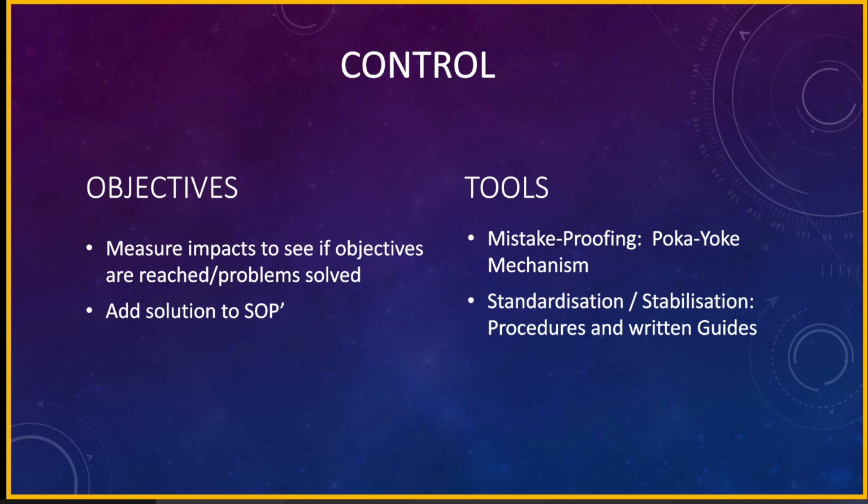Then we have control. We have not looked at this step much yet. We've just scoured over it, so we need to make sure that we understand it's part of the whole DMAIC thing. The objective of control is that after we've implemented all of our solutions, we need to measure again to see if our improvements have actually made our process better, more valuable, more efficient, less time consuming, with higher employee satisfaction.